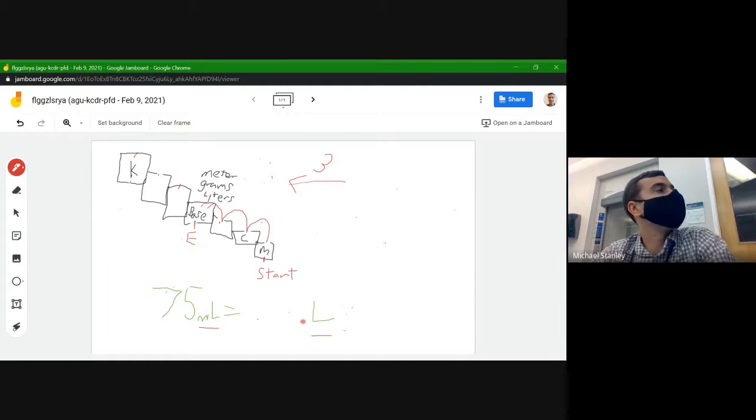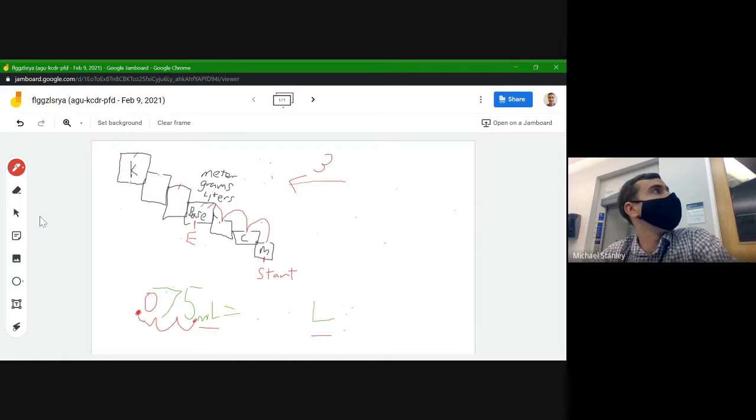So we started off with our decimal point right here. We're going to jump 1, 2, 3. There we go, 3 spots to the left. So our new decimal is going to be over here. And what do we put in an empty spot? Zeros.